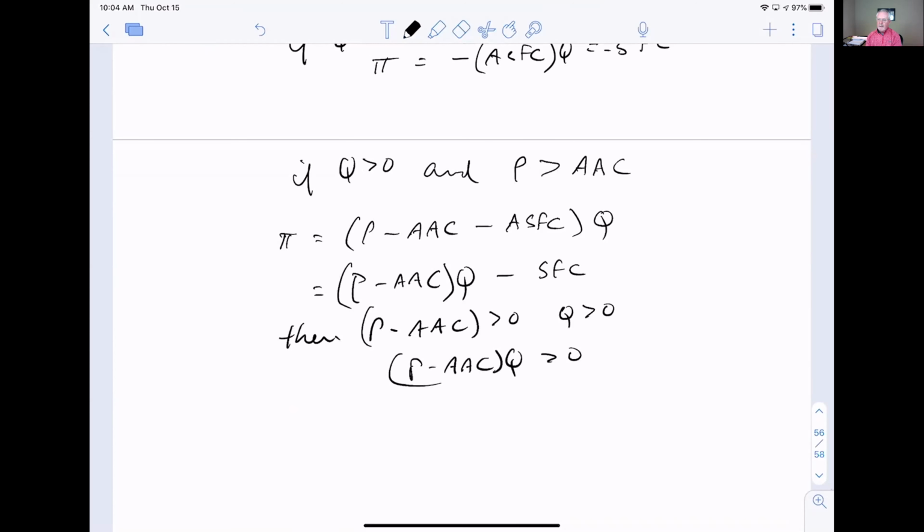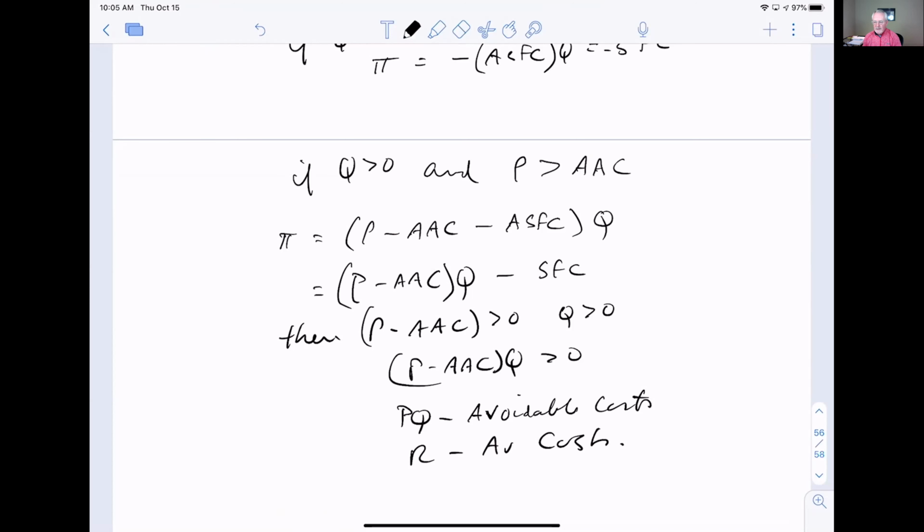But note, I can call this also profits on operation. We're ignoring the sunk costs, and we're looking at the revenue here. Let me distribute this. This is PQ minus avoidable costs. So this is revenue minus avoidable costs. So the firm is covering its avoidable costs, and it's able to, at the very least, offset some of those sunk fixed costs.